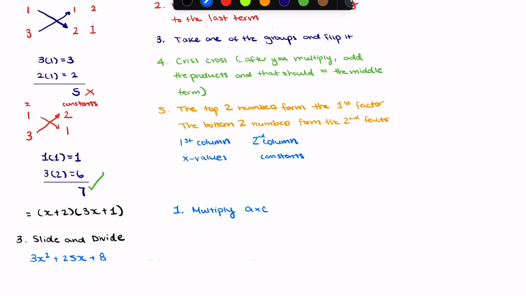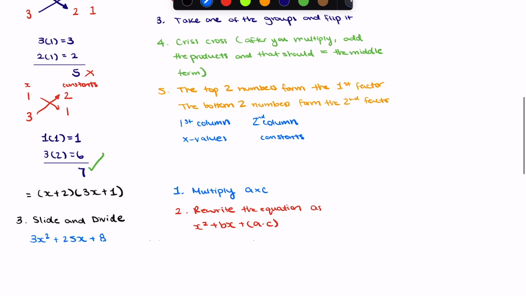Okay, so the second step is to rewrite the equation. So now we'll rewrite the equation as x squared plus bx plus a times c.